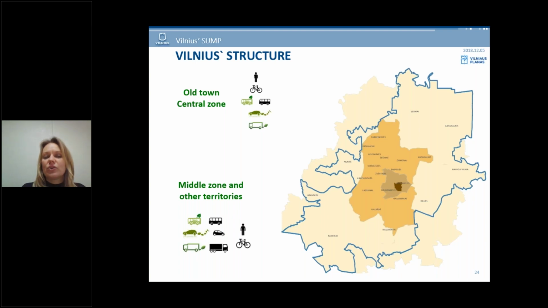If it's the Old Town and Central Zone, we eventually agreed not to have regular cars at all. Therefore, some measures were suggested. In the Middle Zone and other territories, we agreed maybe to have some cars, but again with some restrictions, with different parking policy and so on and so on.